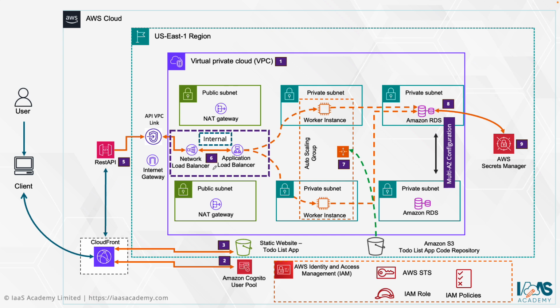Now, I'm not going to deep dive into the overall architecture here, but what I want to highlight to you is that the reason why we chose a network load balancer in this configuration is because we wanted the application load balancer, which was serving incoming requests from a REST API that runs on API Gateway, to be internal.